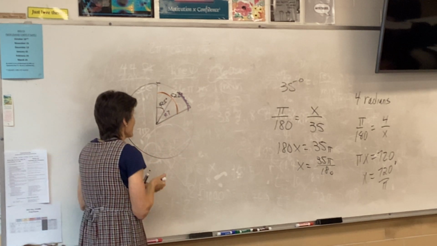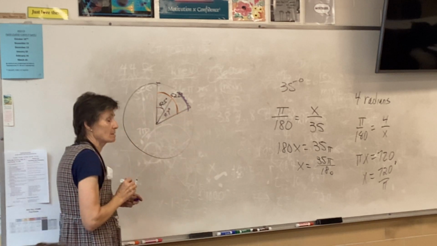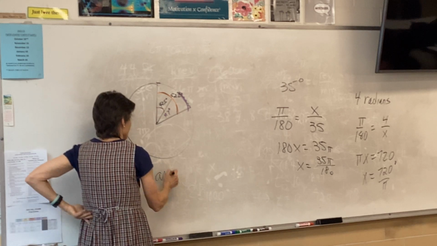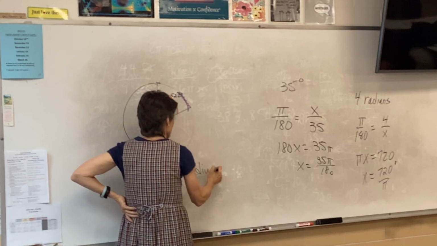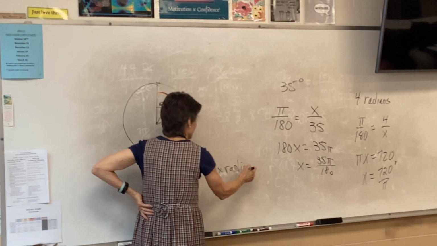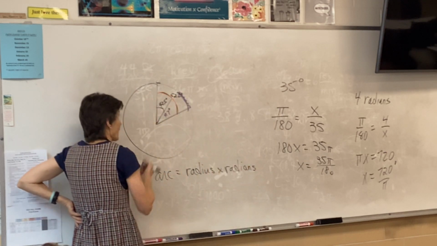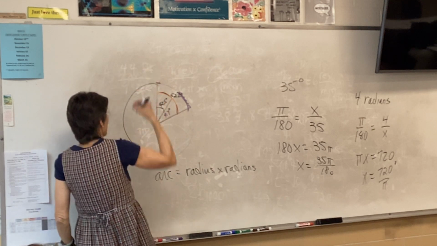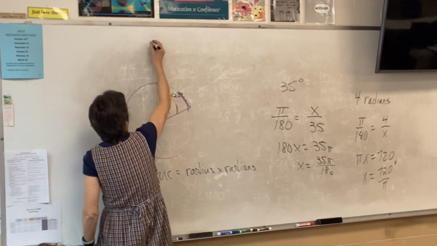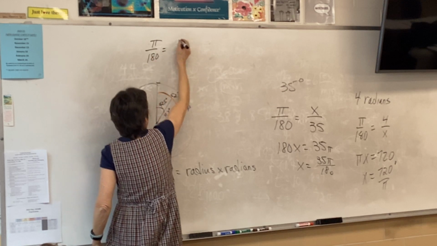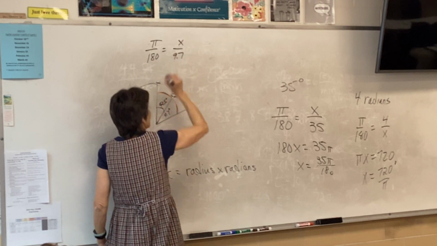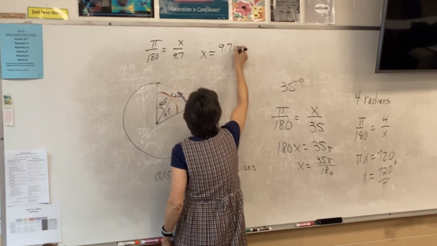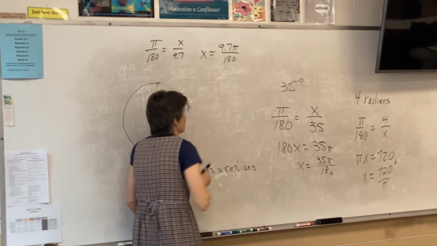Now, that's 9.7 degrees. If I am going to find arc length using radius times radians, then I need that angle to be in radians. So, you can do whatever you want. I'll say pi is to 180 as something is to 9.7. So x is going to be 9.7 pi over 180.